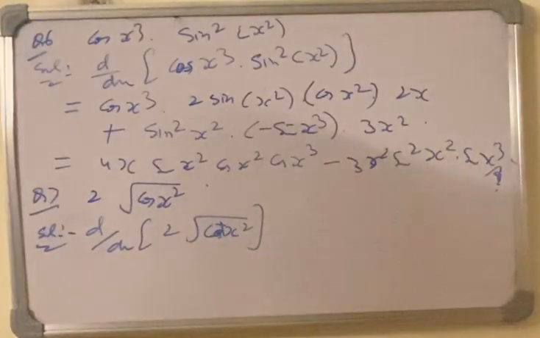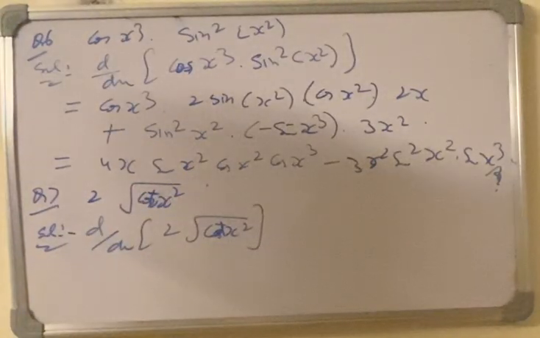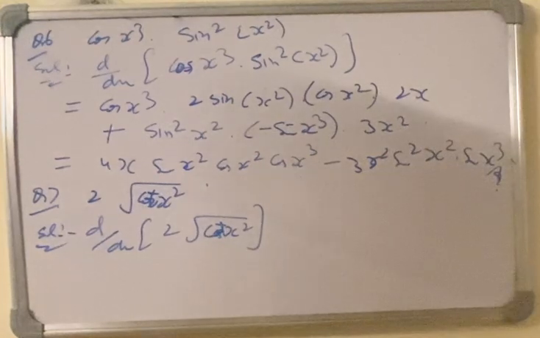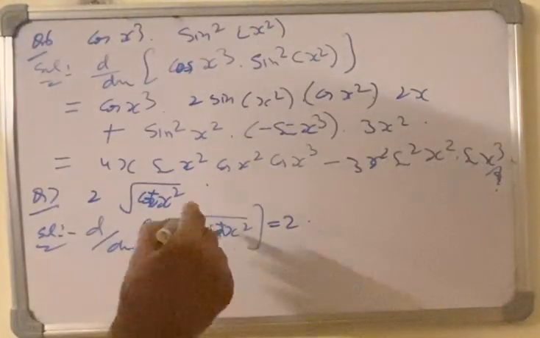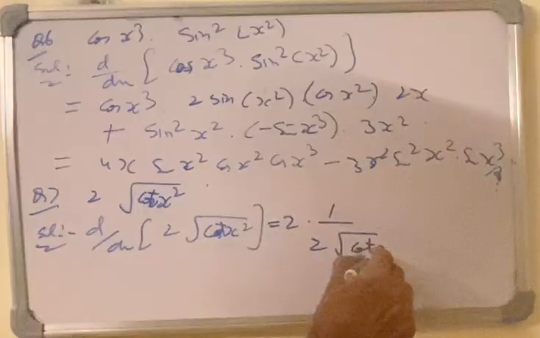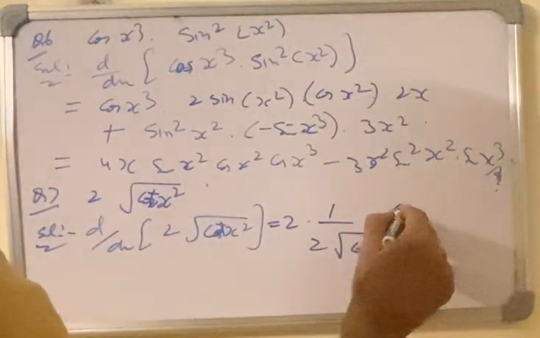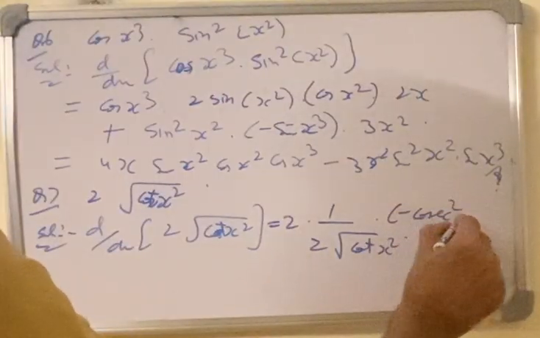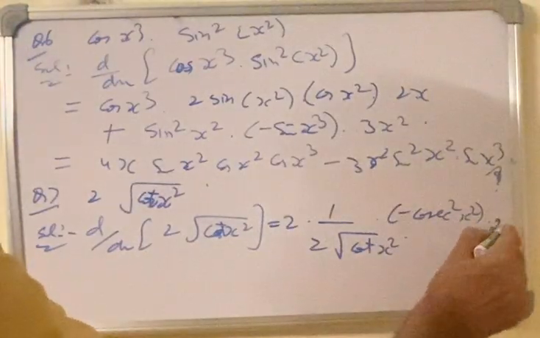One is square root, outermost, second is cot, third is x square. So first of all, 2 into derivative of square root is 1 over 2 into square root of cot x square, into derivative of cot, which is minus cosecant square x square. Then derivative of x square is 2x.